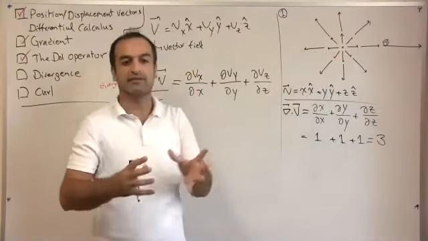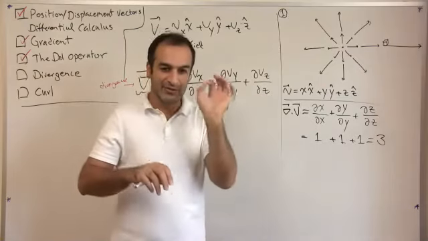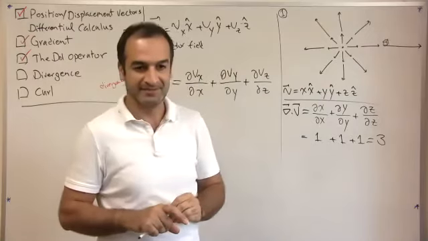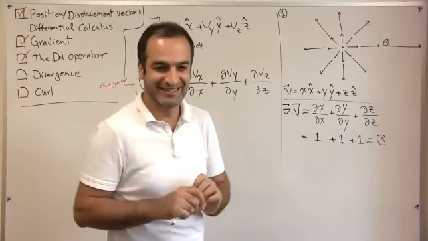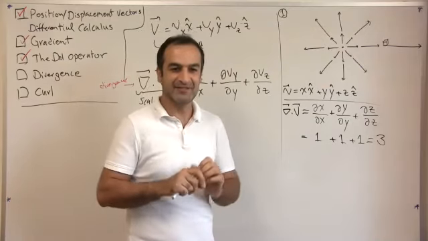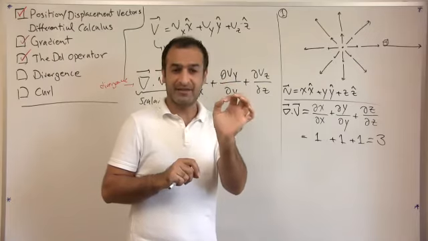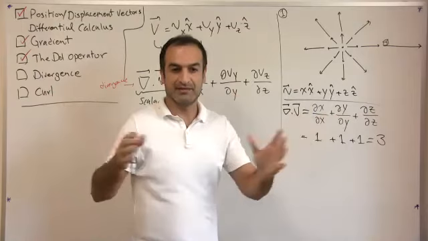That is still a diverging field, but it's not distributed nicely. It's super strong at the center and not as strong at the rest of the space. By the way, that is the field created by a point charge. If it's a really, really tiny point charge, you have an infinite value of the divergence right at the middle, and then everything vanishes.